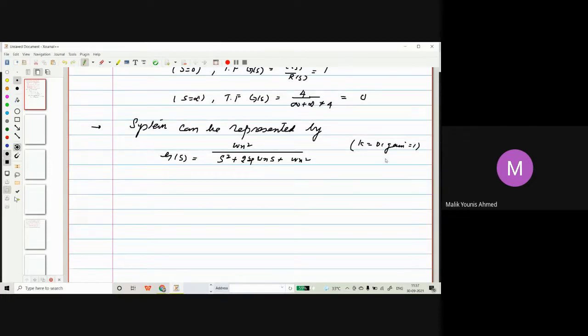Anyway, now comparing this characteristic equation with the standard general second order equation, comparing the characteristic equation of standard second order system with the characteristic equation given in question.